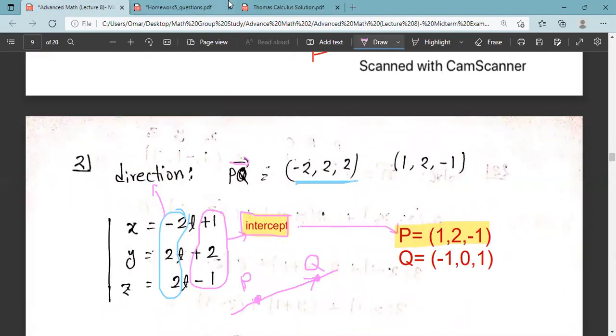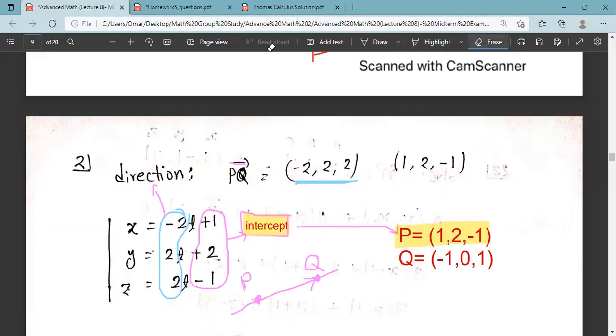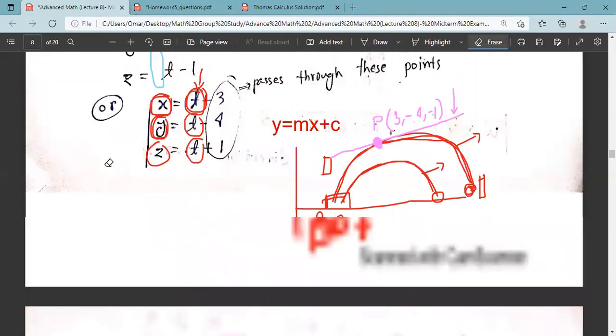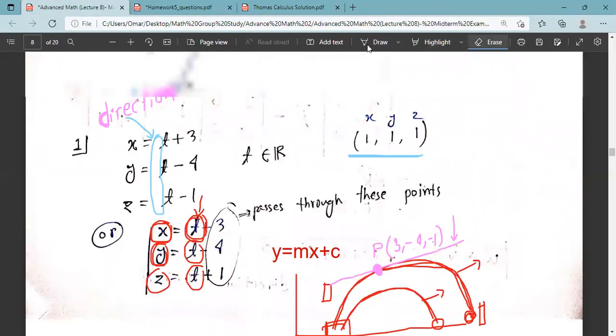Okay, firstly, we just need to find the direction, and we will try to find the intercept later. So the direction will be from P to Q, right? Oh, sorry, I was going to the second question, but I was looking for the first question. Sorry. So here is the first question, right?